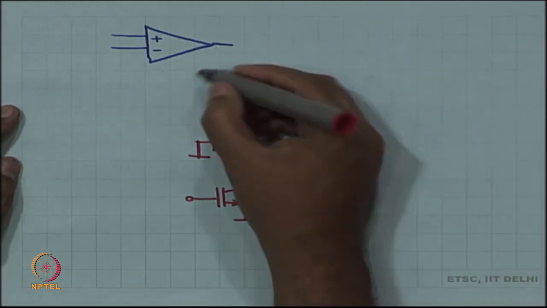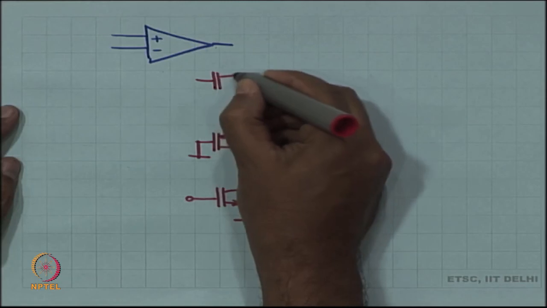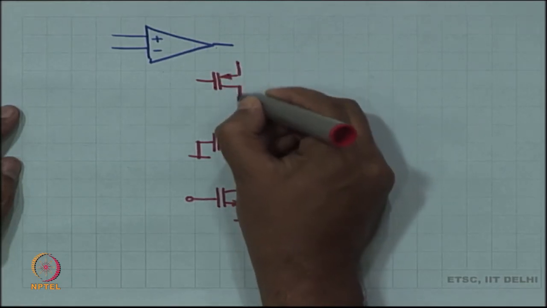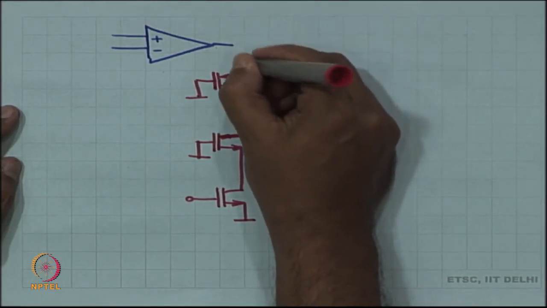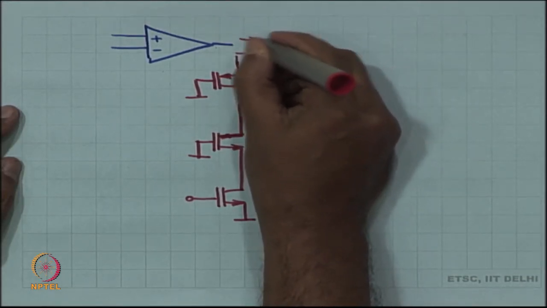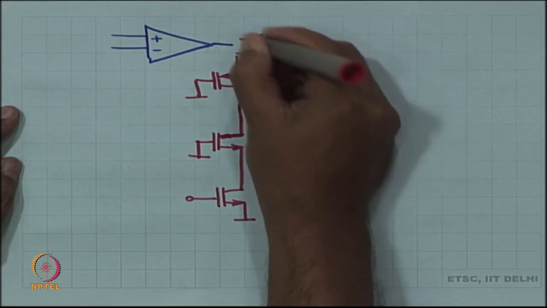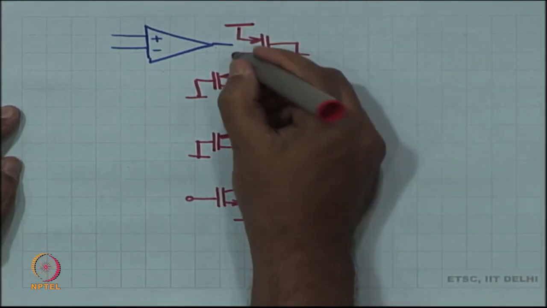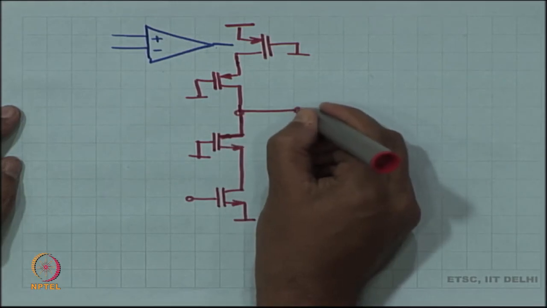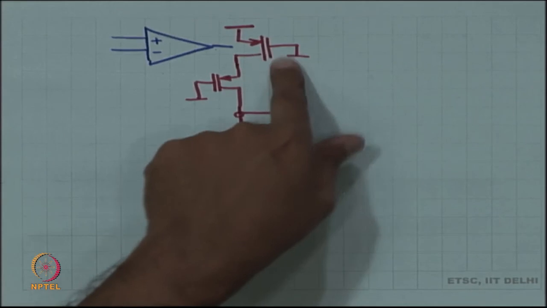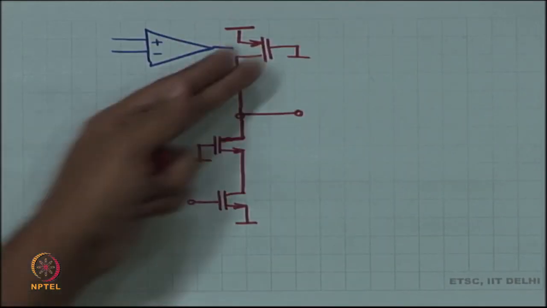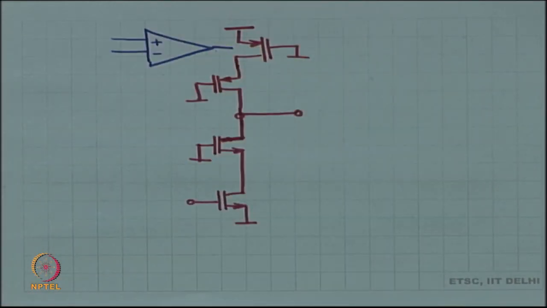And my cascode amplifier looks like this. Normally this is drawn flipped. I flipped it around because there is no space, but this is the normal structure of the cascode amplifier.